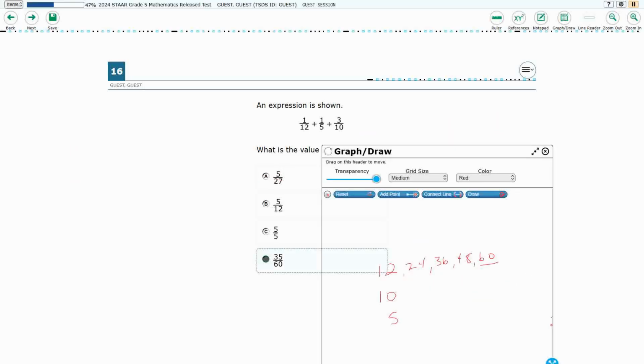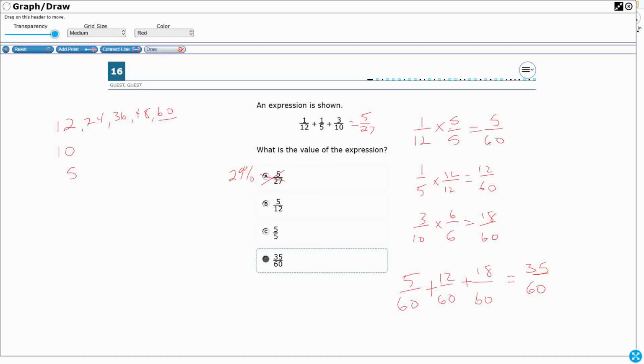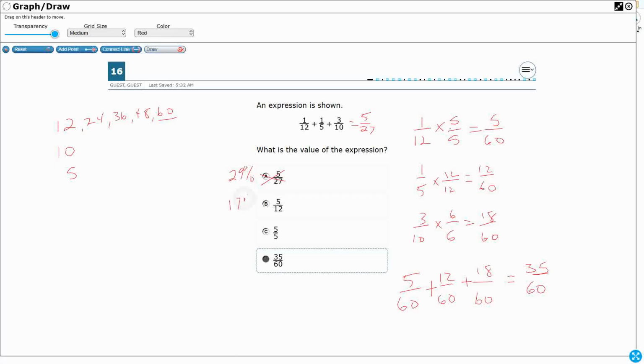That is our answer, and that is D. So we already said 29% of our students chose A. We had 17% of our students choose B. We also had 4% of our students, not much, choose this C. And then we had, what do we have? We had 50% of our students.